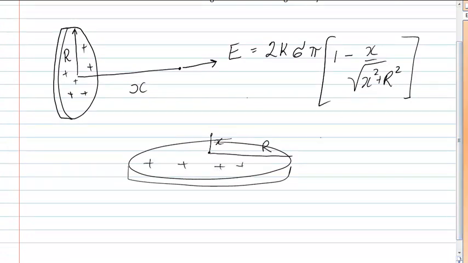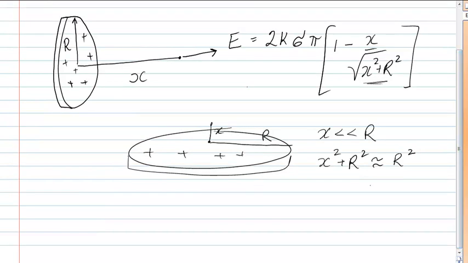So we want to find the approximation of this electric field for x much less than r. In the denominator, if x is much less than r, then x squared plus r squared is approximately the same as r squared.